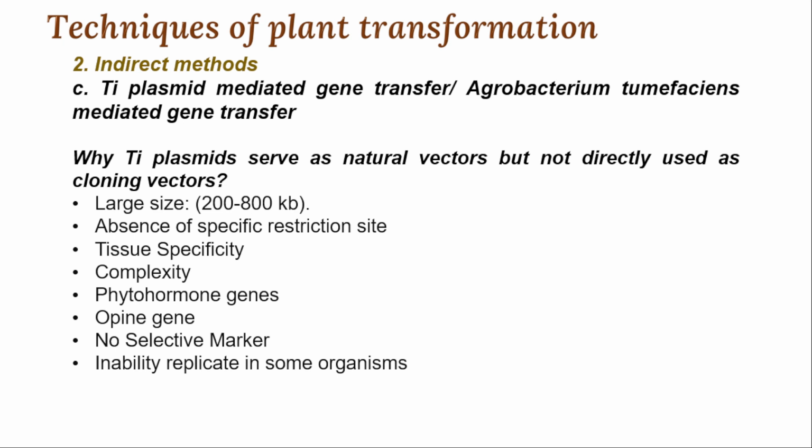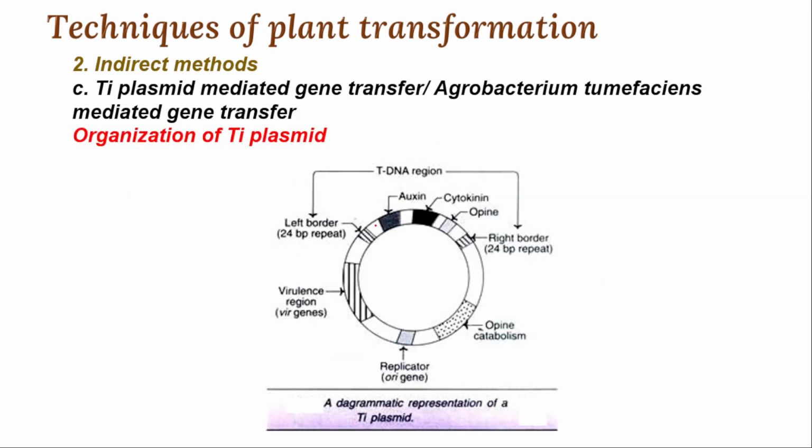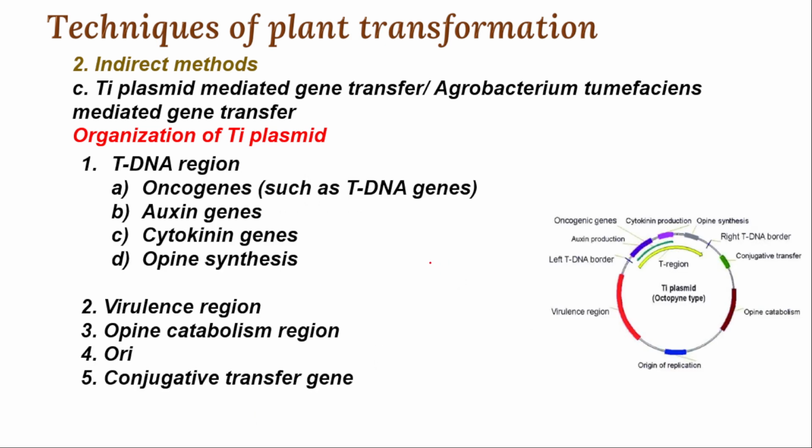So why does the Ti plasmid serve as a natural vector but not as a cloning vector? A cloning vector has some desired traits that should be there, but in the case of the Ti plasmid, because of its large size, it cannot accommodate them. It can only accommodate, as you can see here, from the left border to the right border, which is around 20 to 24 base pairs, and then some limited internal base pairs, and all other things are necessary for the Ti plasmid to integrate successfully.